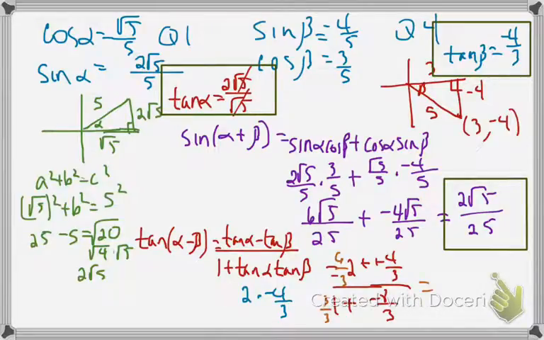All right. Let's go back now. Okay. So we have a 6 plus the 4, which is what? 10. So you'd have 10 over your common denominator of 3. Now you have 3 minus 8, which is negative 5 over 3.